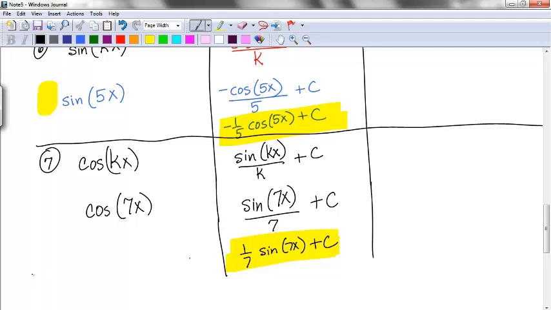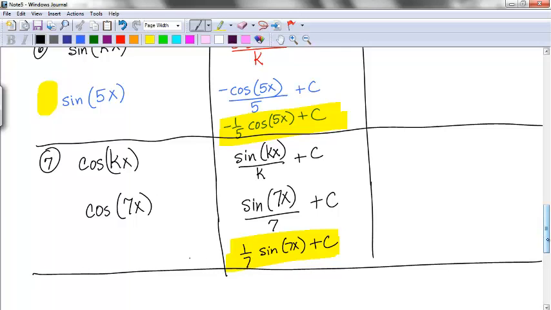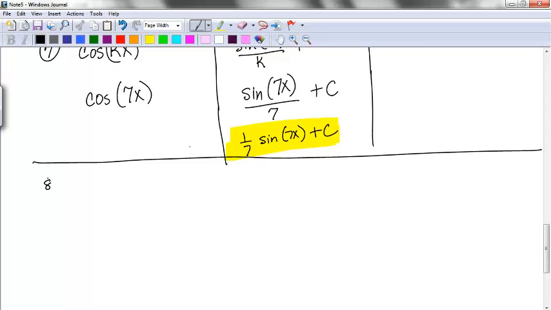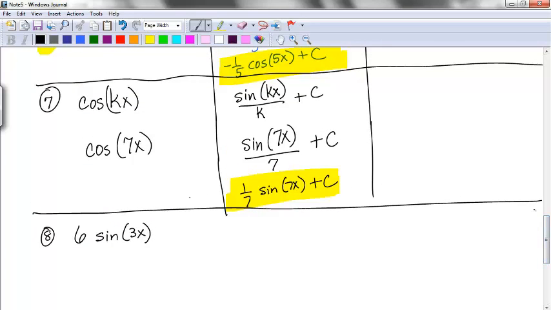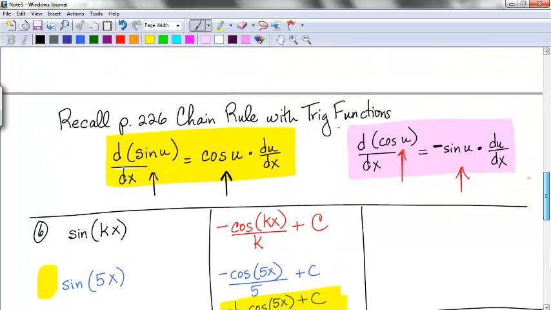Now let's put a coefficient out front. Let's say I give you 6 sine of 3x. Say that's the derivative. Now you have to go back up here. I'm giving you this, but am I giving you this? No. So what's the antiderivative?